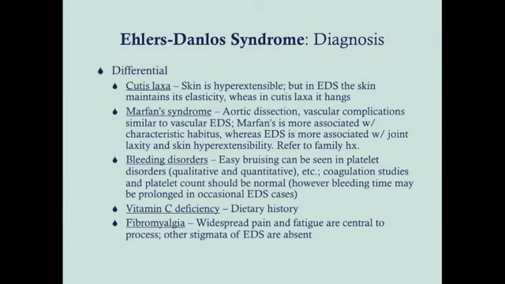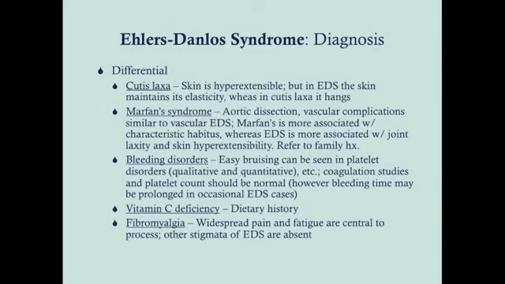Marfan syndrome shares some similarities to vascular EDS in that there's aortic dissection, vascular complications, but Marfan syndrome is more associated with that characteristic habitus, the arachnodactyly, whereas Ehlers Danlos syndrome is more associated with joint laxity and skin hyperextensibility, which we don't necessarily see in Marfan syndrome.